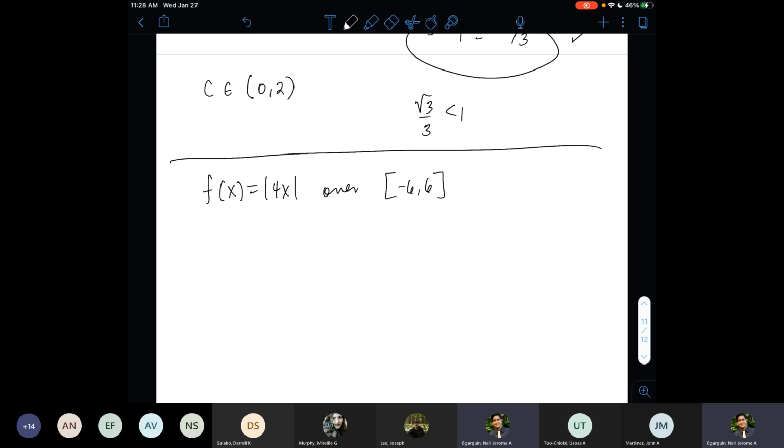And the long solution to find the average value is to do the integral, right? So remember, the average value is 1 over the length of the interval, integral from -6 to 6 of absolute value 4x dx. The thing is you can split the integral first from -6 to 0 and then 0 to 6, and then carry out those integrations independent of each other.